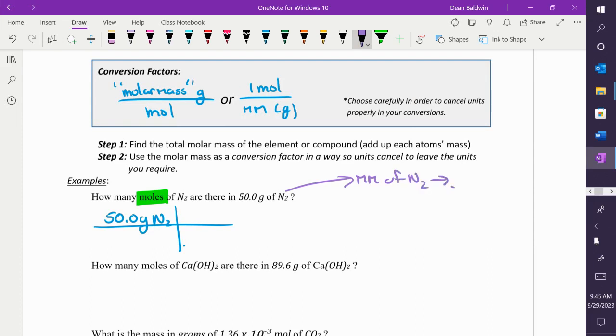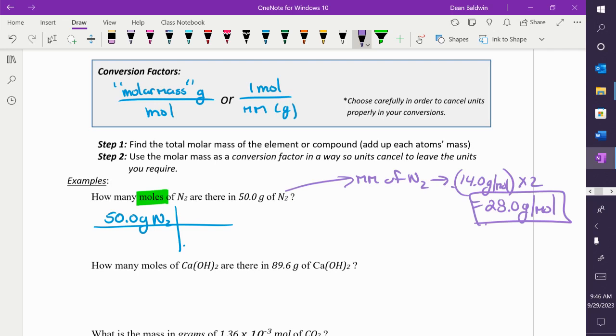Okay? What's the molar mass of nitrogen? 14.0 grams per mole. I have 2 nitrogens, so I multiply it by 2, which gives me that's the molar mass, 28 grams per mole, sorry.